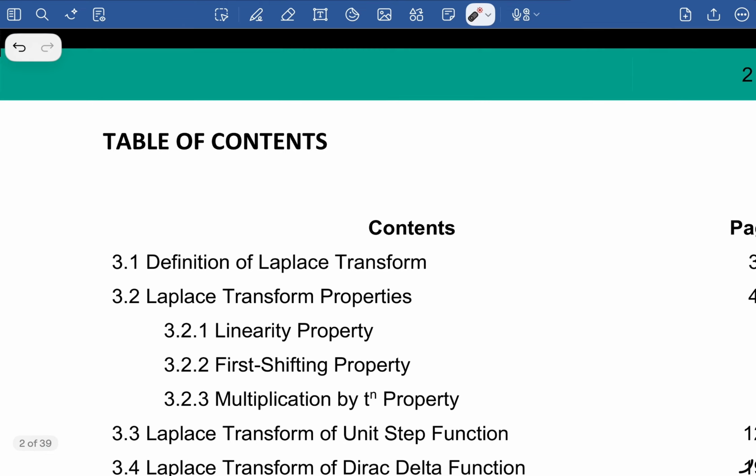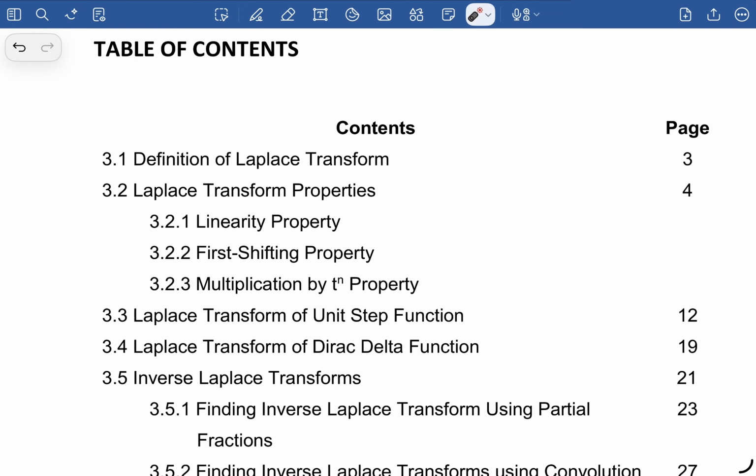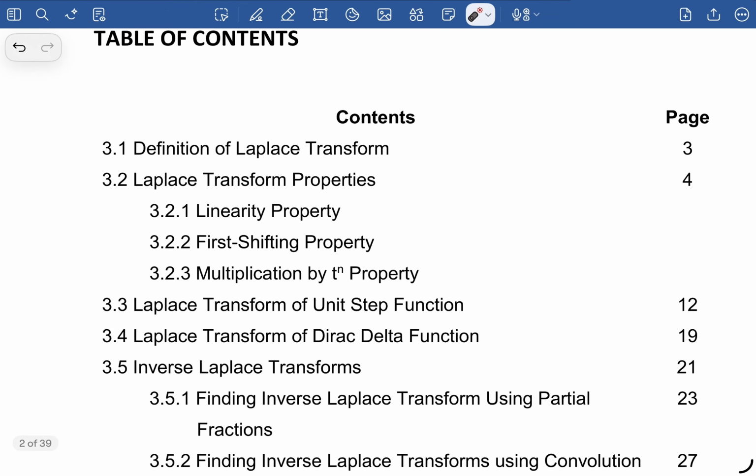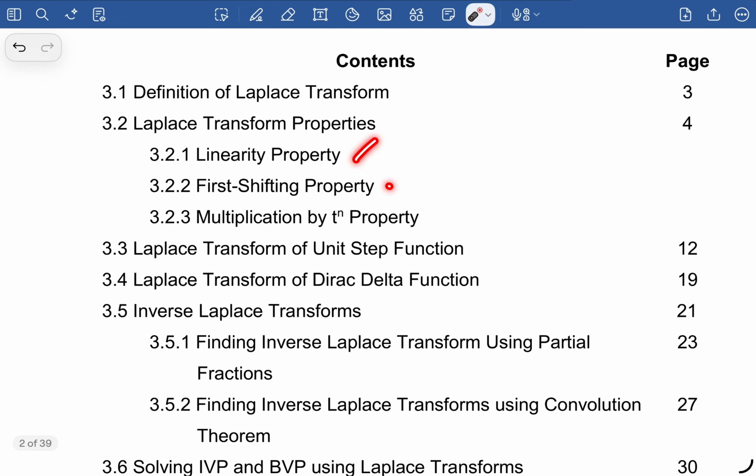Let's move to the content here. In Laplace transform, first there will be the definition of Laplace transform. Then you will learn the Laplace transform properties. Once we learn the properties, there are 3 types of properties here.